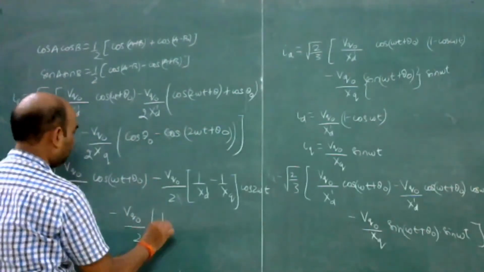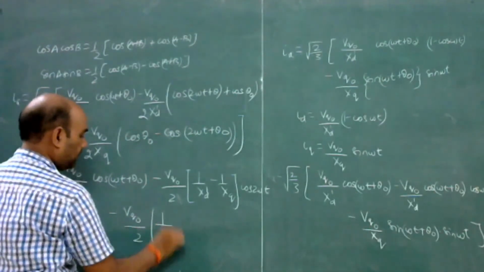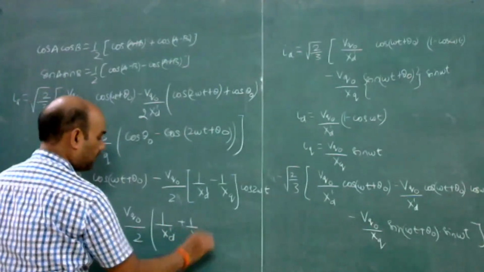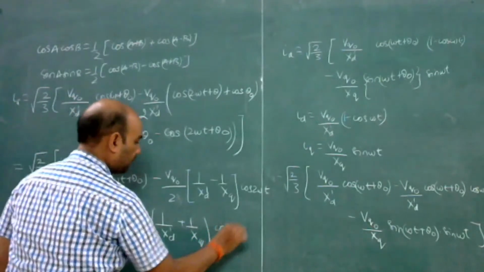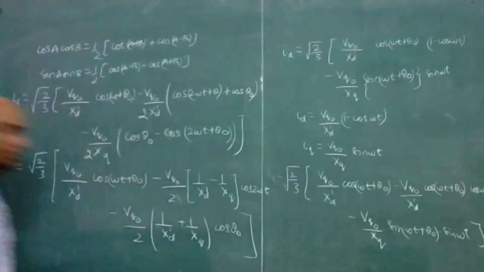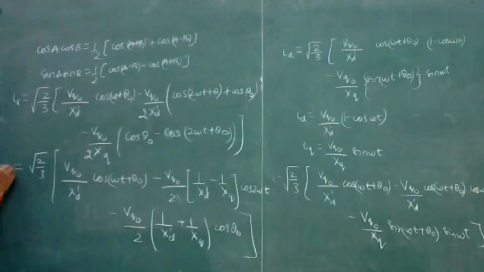So this will be 1 upon Xd dash plus 1 upon Xq into cos theta. So this is the value of IA.